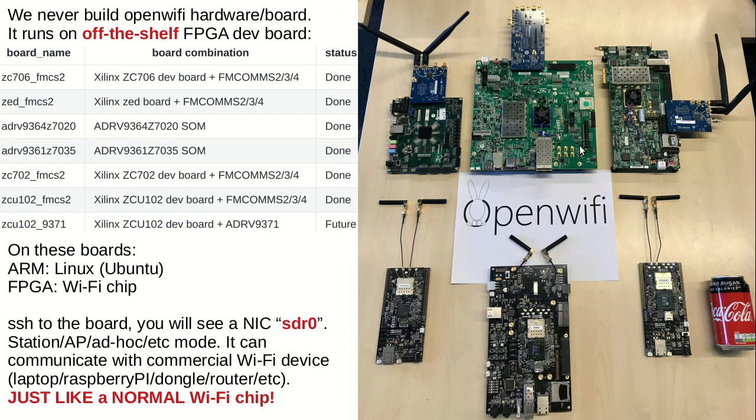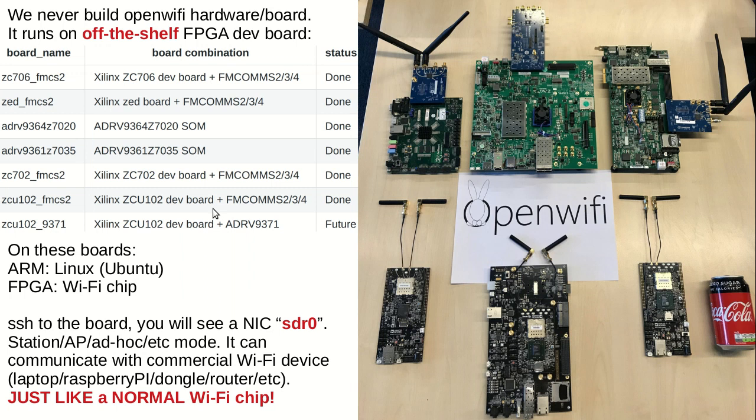So currently we have extended the design to several FPGA platforms, from the low-end Z board, several hundred euros, to the high-end ZCU102 board, several thousand euros. A reminder is that we never build hardware. We run our design on this off-the-shelf FPGA development board.